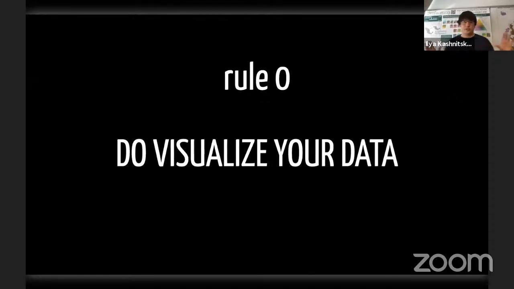I want to formulate several simple recommendations, rules that can help you improve data visualization and, in some cases, protect you from embarrassment, as I will show you now. Rule number 0, the most important one, is: do visualize your data.